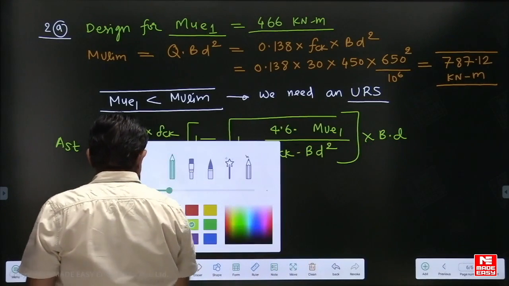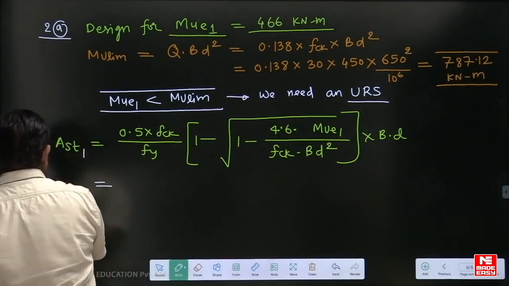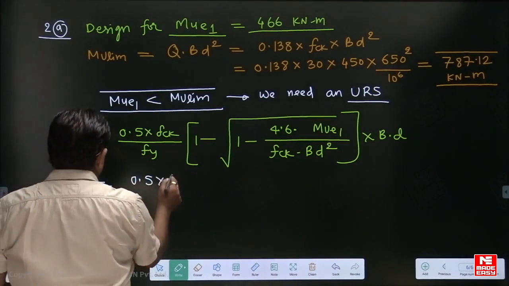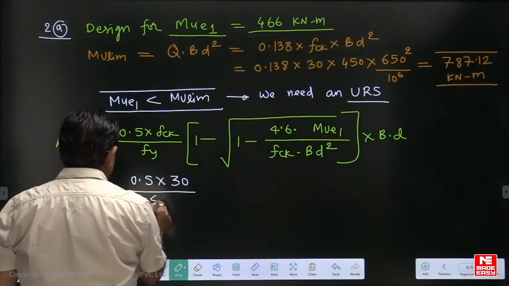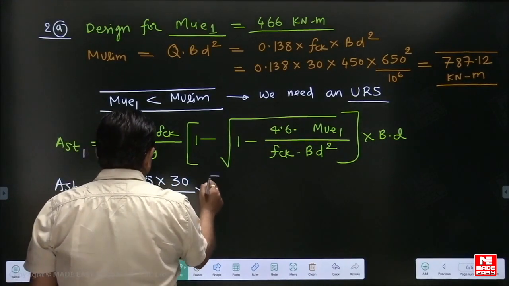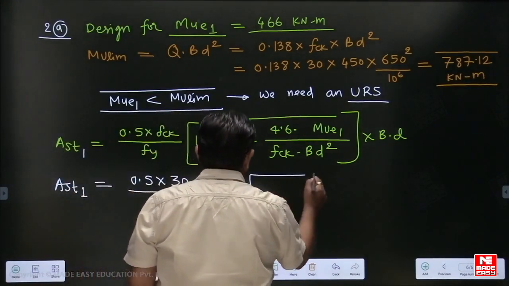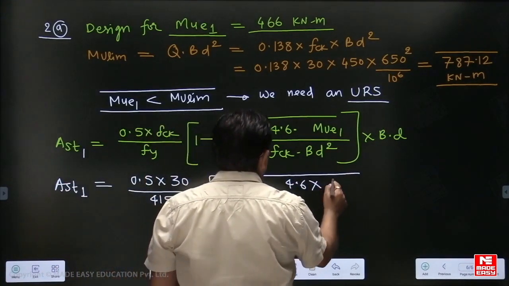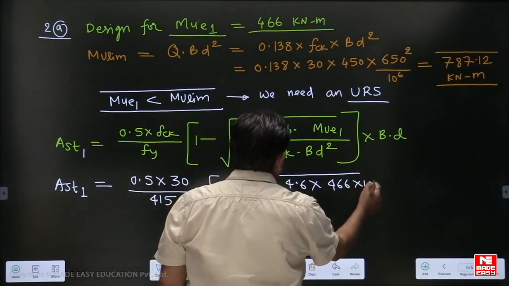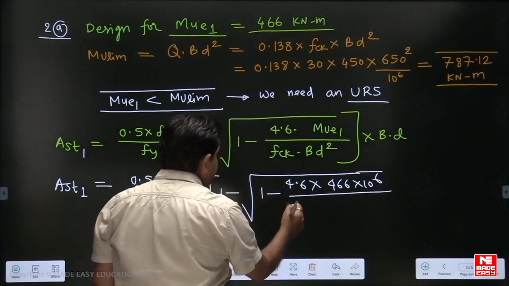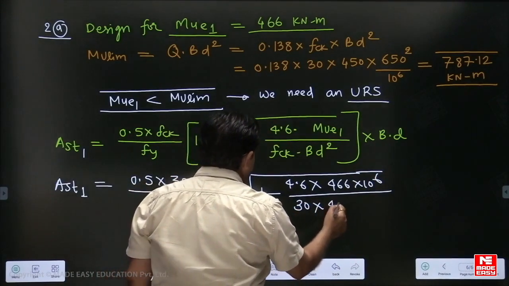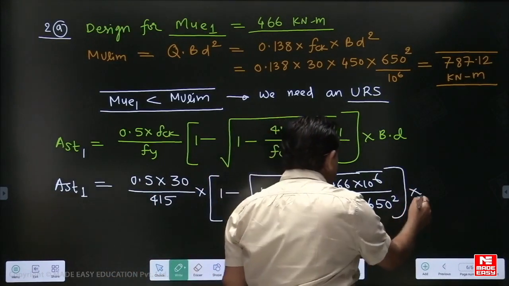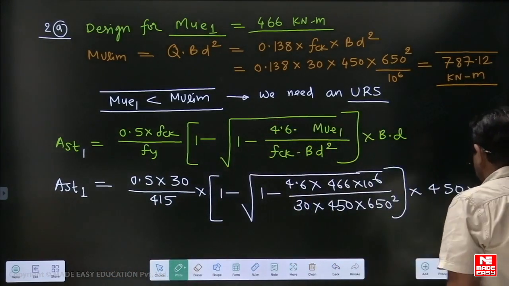So let's put all these values here. This is Ast1, equal to 0.5 into fck, which is 30, fy is 415, into bracket 1 minus root over 1 minus 4.6 into moment 466 into 10 to the power 6 divided by fck 30, b is 450, d is 650 square, and into 450 into 650.